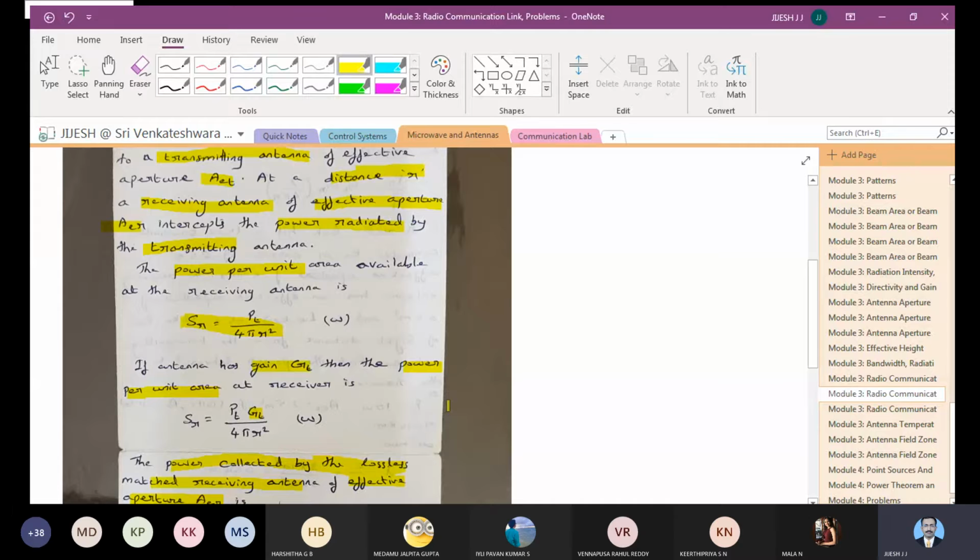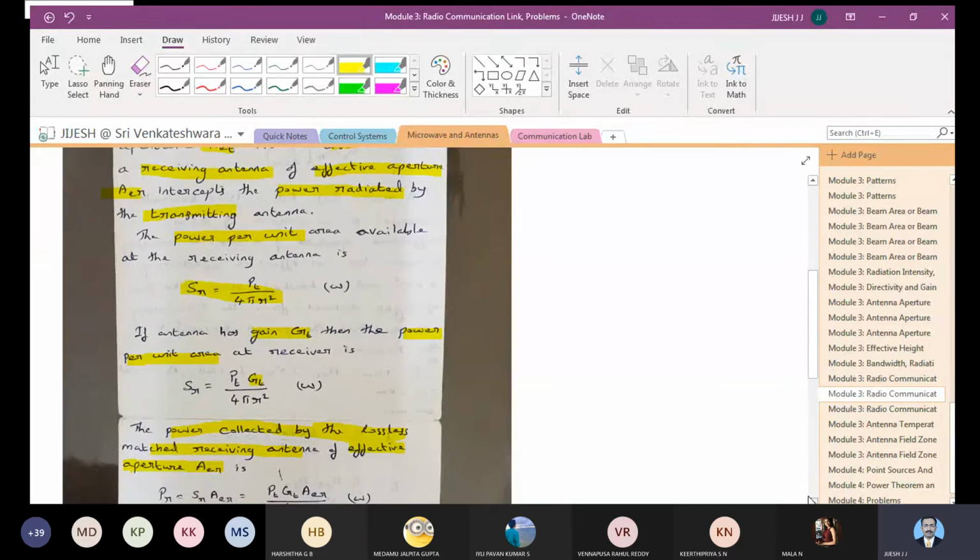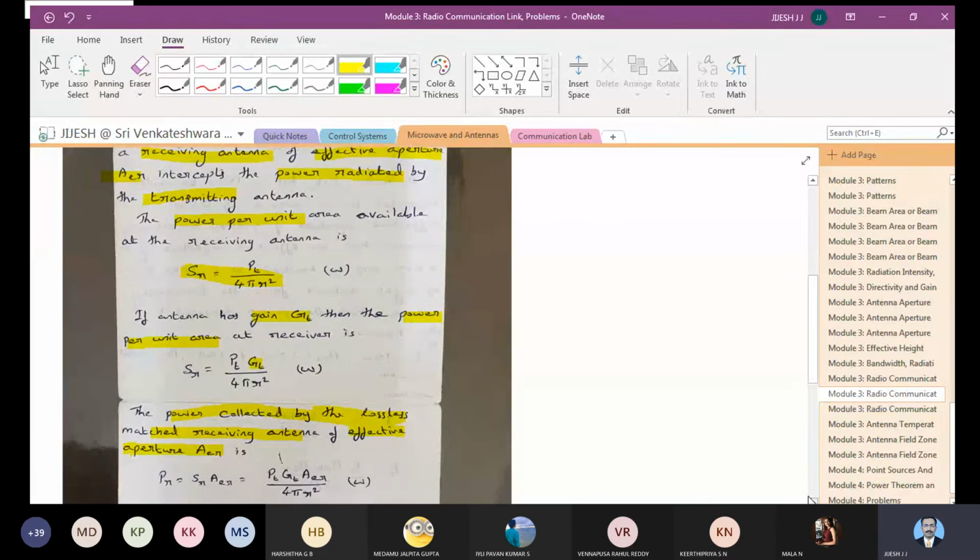So when you use that AER in the above equation, that is SR is equal to PT GT by 4 pi r square, you can rewrite it by considering AER as well. So you will get PR is equal to SR into AER, or you can rewrite the equation as PT GT AER divided by 4 pi r square.